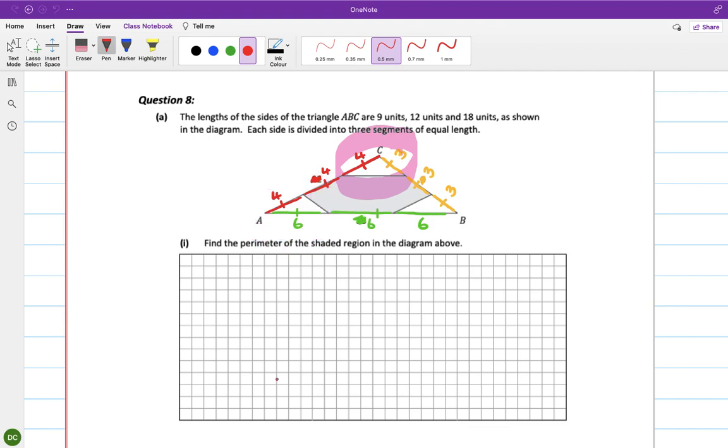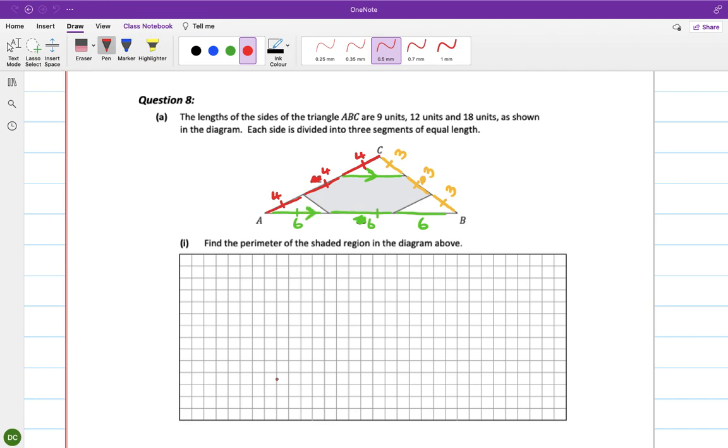So that line there is, oh God, sorry. But yeah, the green line I've just put in is the same as this green line down here.